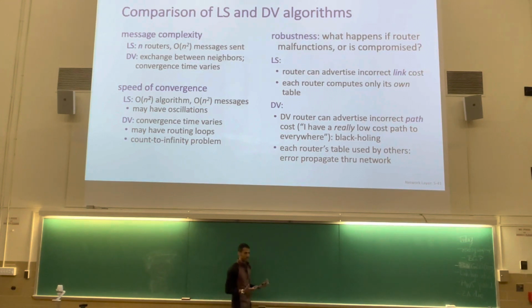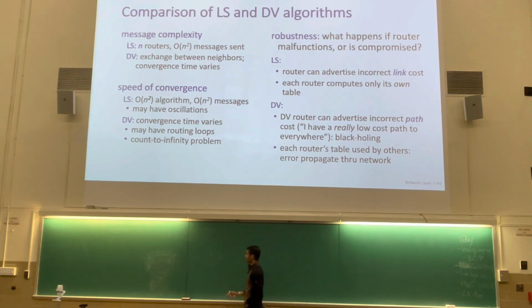Let's look at some asymptotic metrics of complexity. So we've seen message complexity in link state. If you have n routers, you're looking at disseminating link state information. See, these are textbook slides. Order n squared is correct. But order n squared means grows no faster asymptotically than n squared.